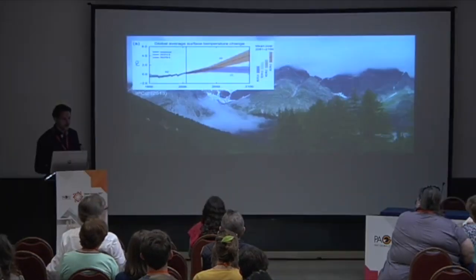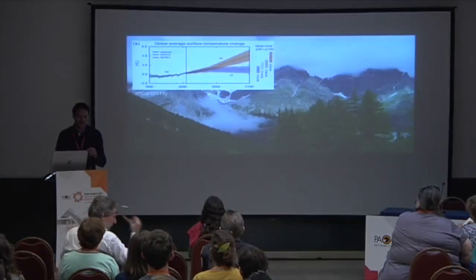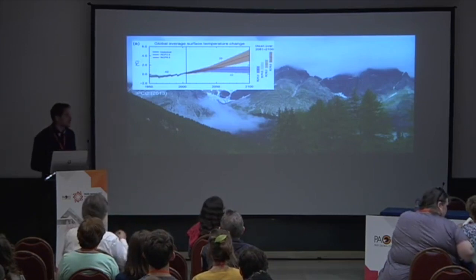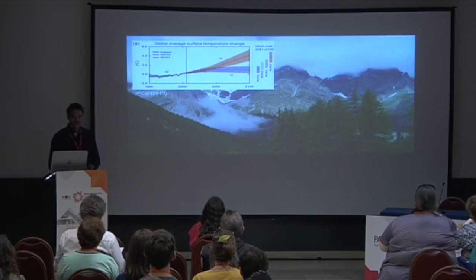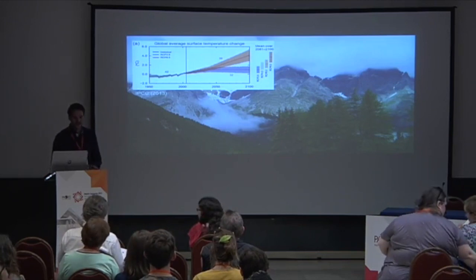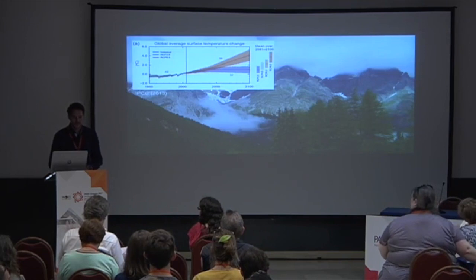You all know that iconic figure from the last IPCC report. So climate is changing. It's getting warmer by the end of the century, about, depending on the models, 2 to 5 degrees rise in temperatures.